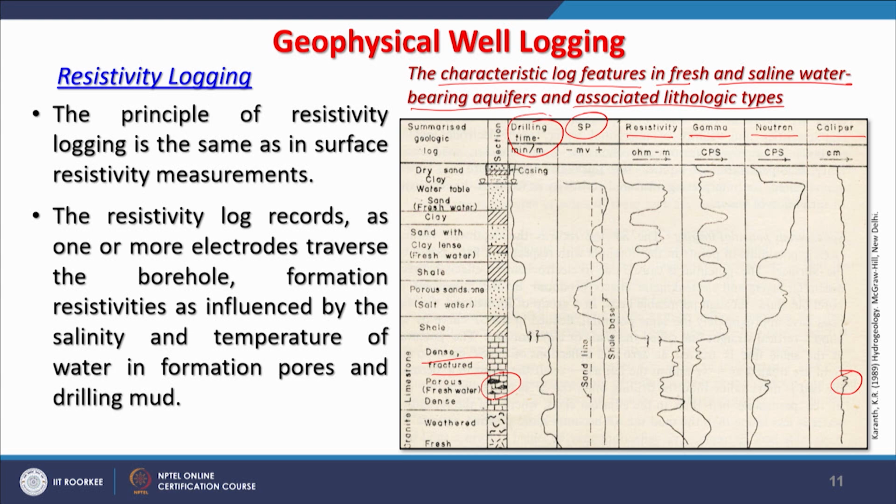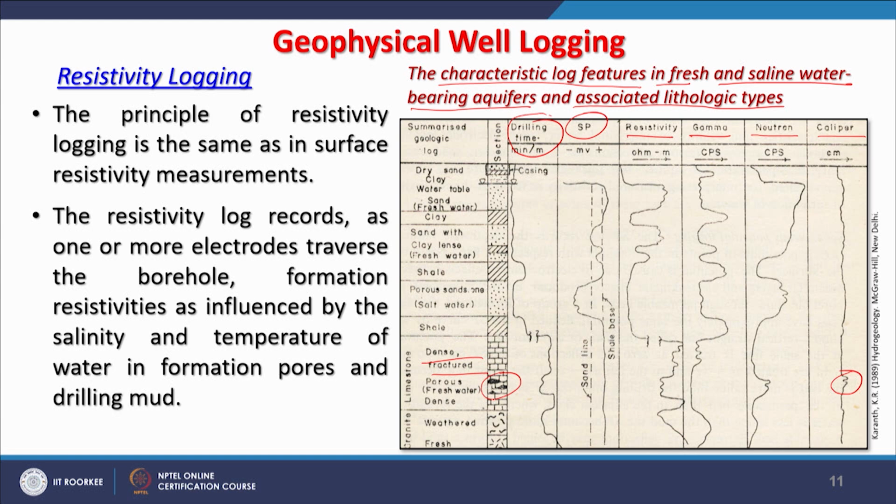So, in the next discussion, the resistivity log records as one or more electrodes traverse the borehole, depending on whether we go for a single electrode or multiple electrodes, as we have done for the ground.